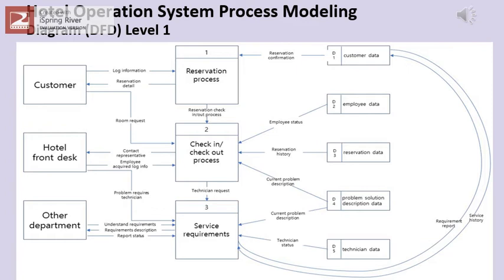So for the first reservation process, we can save the customer's data in D1 as customer information data, and for the employee, we can save the employee status in the employee information data, and then it will feed back to the system to help the hotel front desk agent check in and check out the guest as well.